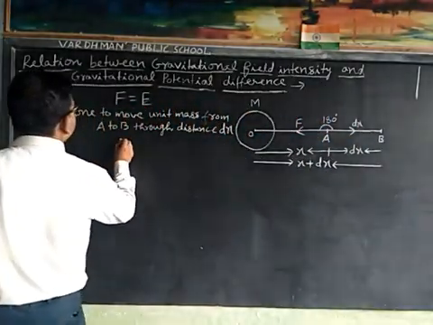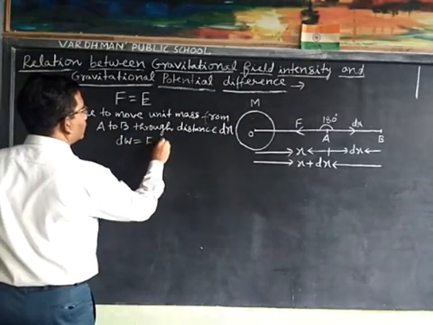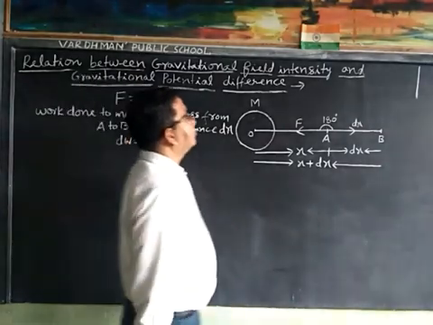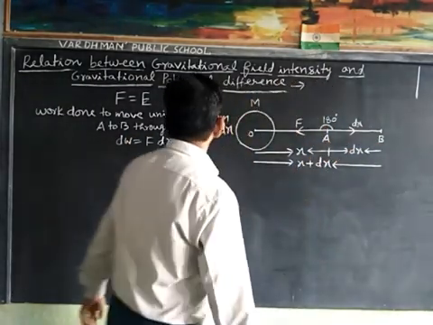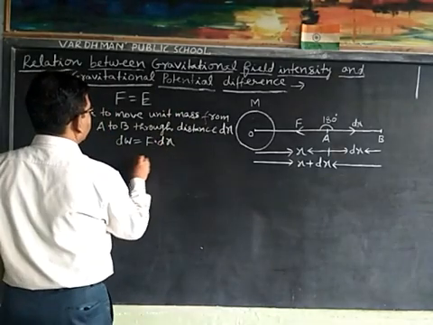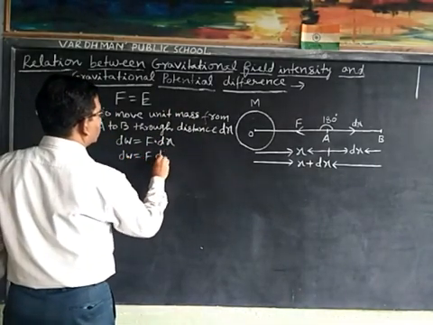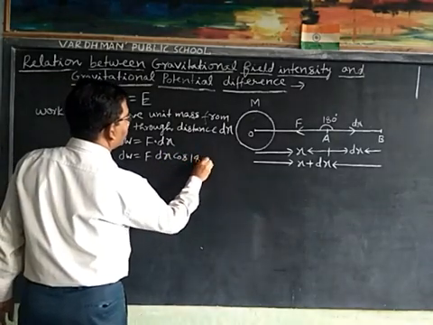Now we know dW is equal to F dx. Now when we move from B to A, the angle is 180 degrees, that is dW is equal to F dx cos 180 degrees.